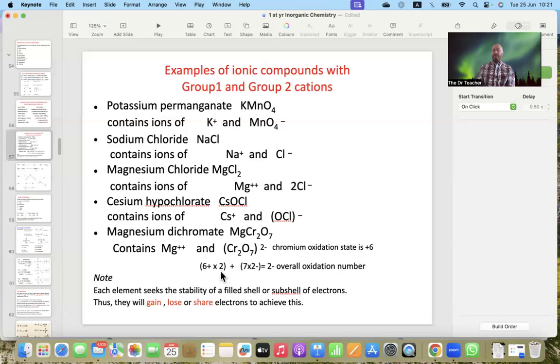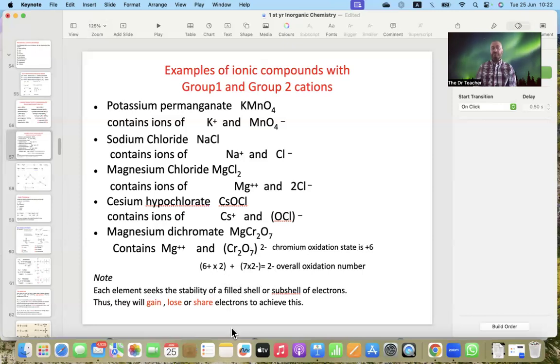Okay, 2 times +6 will be 12. 7 atoms of oxygen, each oxygen is -2. So 7 times -2 will be -14. So if you add -14 to +12, it will remain -2, or 2 minus. So the 2 minus is the overall charge of dichromate.